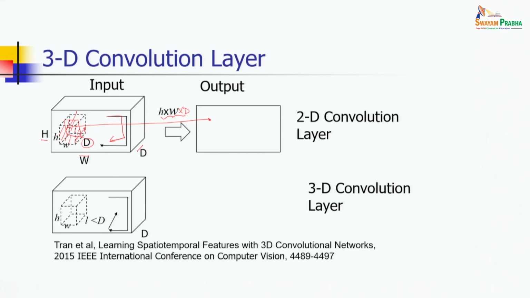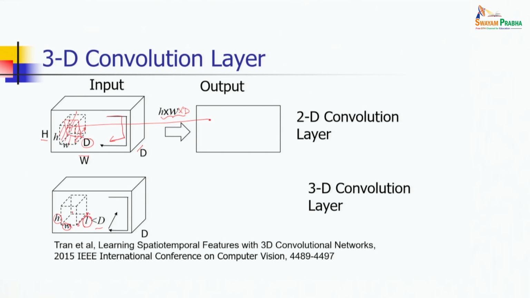When we consider 3D convolution, we also move the filter along the depth. Now the filter depth is much less than d, because centering around any pixel you can define this mask, with h and w as the filter height and width, and L as its extent in the depth direction.